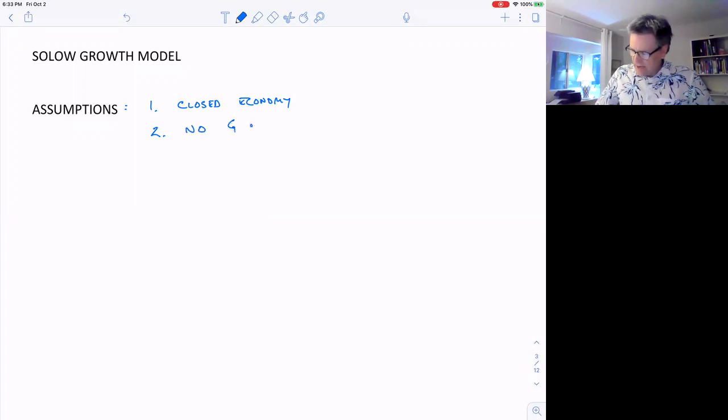So no G or T in this model. And the third assumption is that total factor productivity, the A term, is exogenous. And we're going to use a Cobb-Douglas production function.